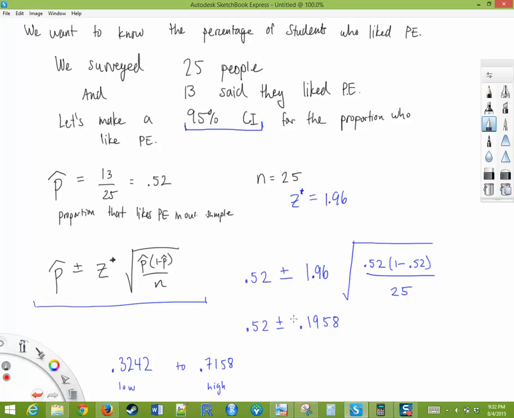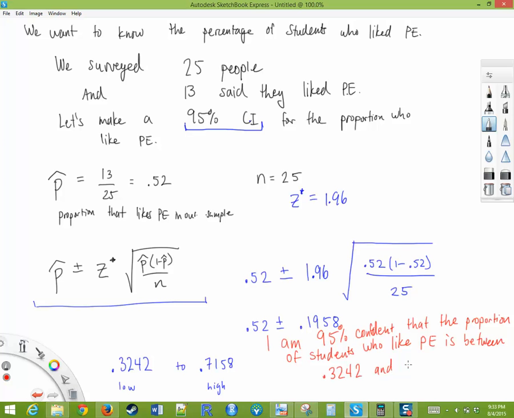And then I'm going to say some statement about this, and I'm going to say I am 95% confident that the proportion of students who like PE is between 0.3242 and 0.7158.